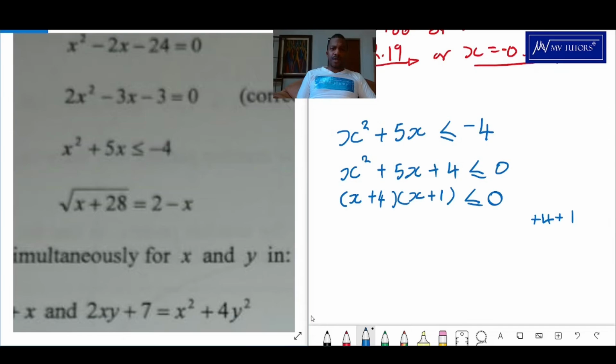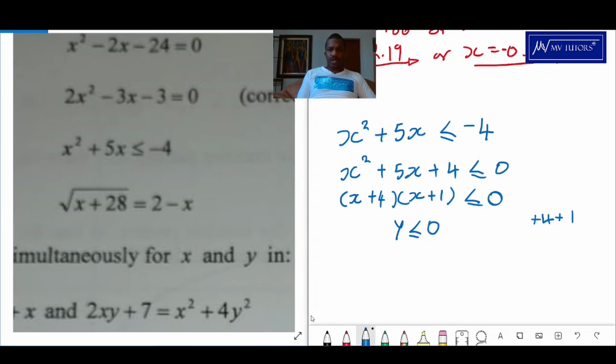So remember what this really is. This is really y, because y is equal to this thing. So when we say this thing is less than 0, we're saying y is less than 0. So we're looking for the y values that are negative, less than 0.